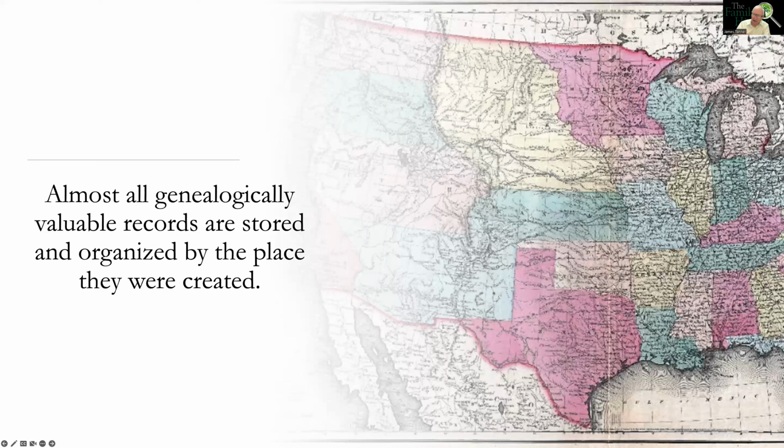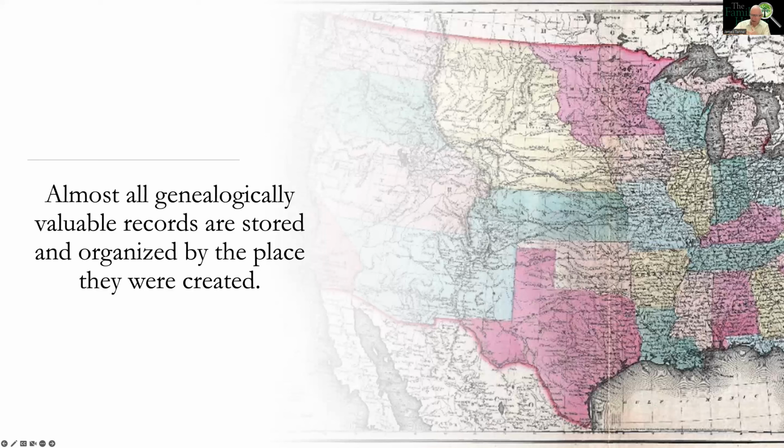But all the genealogical records, the ones that we think of, like church records and all the birth, death, and marriage records, those are vital records, and lots of other types of records. All those records are still organized geographically, even if they're out of the realm of what we would generally consider to be genealogical records. Historical records are always attached to the place, the geographic area, where they were created. And whether they move, that's another rule of genealogy: records move, and that's a fact of historical life.